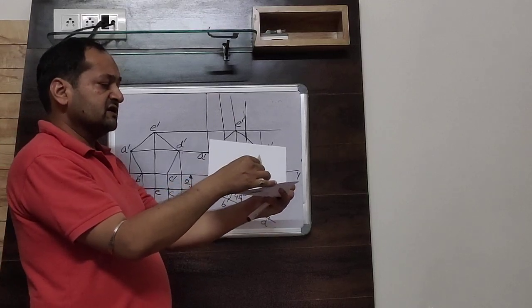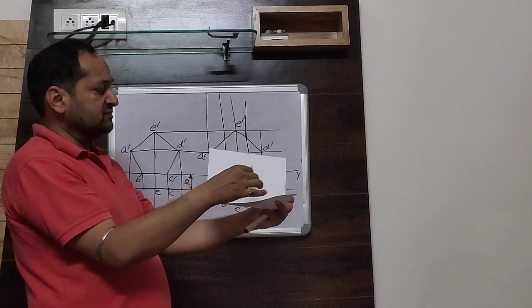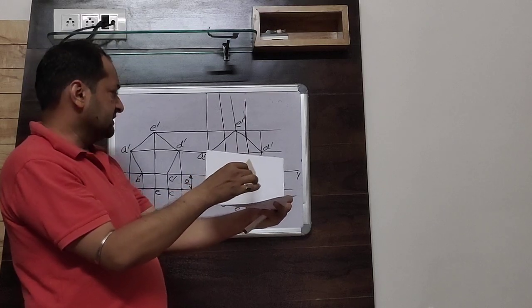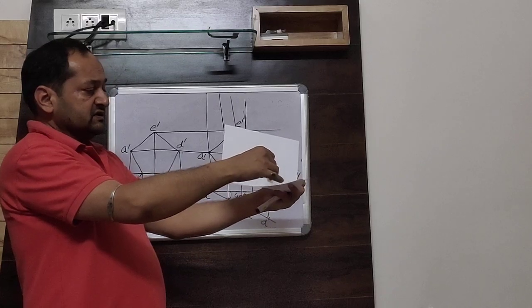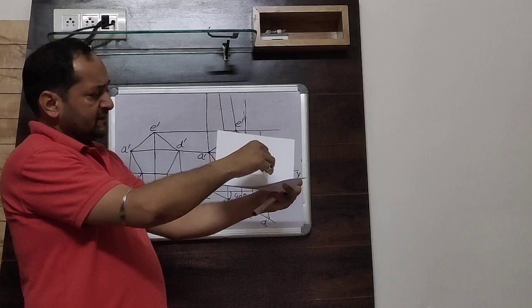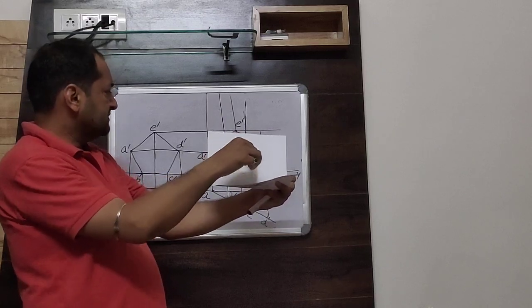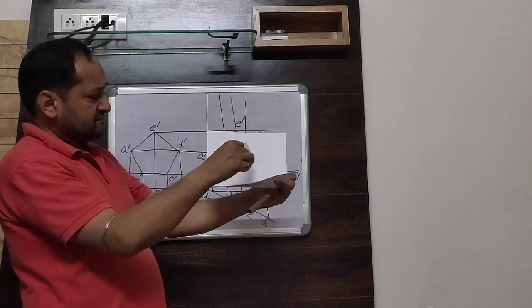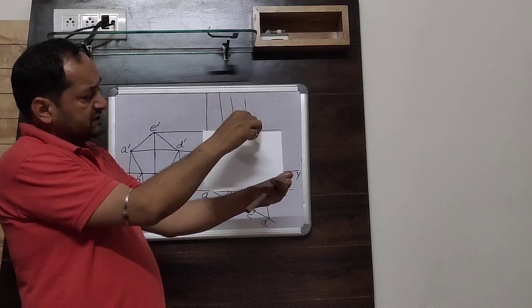If it meets the horizontal plane, it is called the horizontal trace. If it meets the vertical plane, it is called the vertical trace. Now the plane is like this; if we extend it, it will meet the vertical plane.